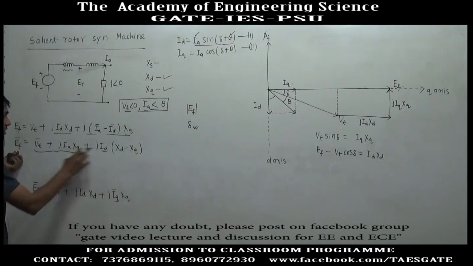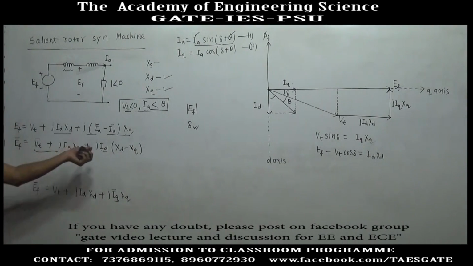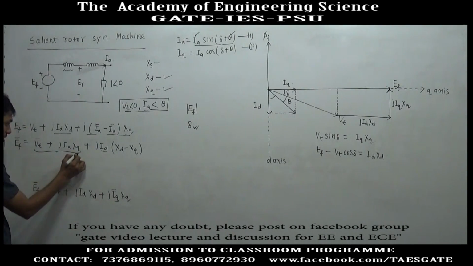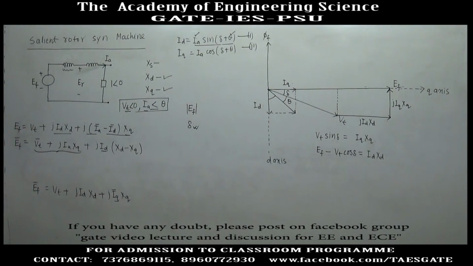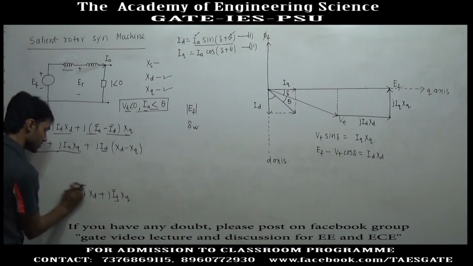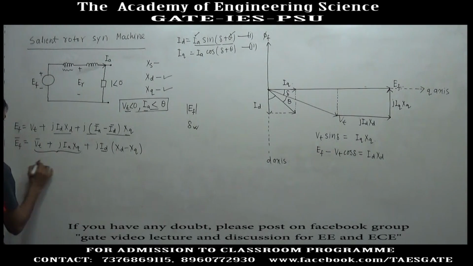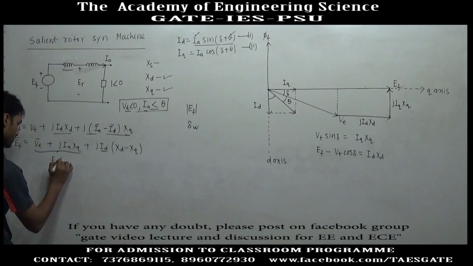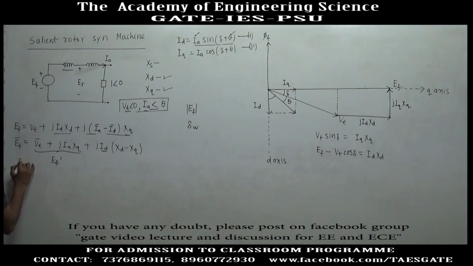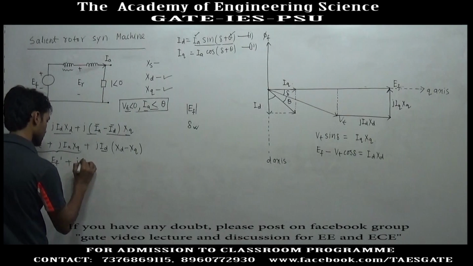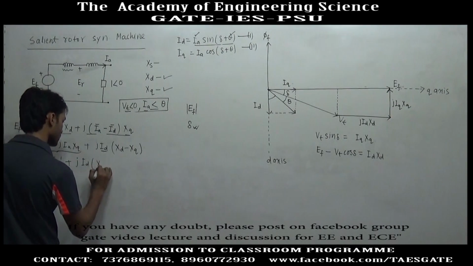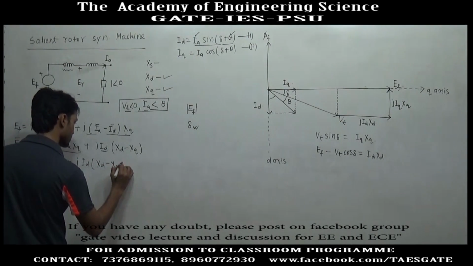So EF cannot be calculated even from this relation, but if you analyze this much relation, this can be calculated, and this quantity is called EF dash. EF is equal to EF dash plus JId into Xd minus Xq.